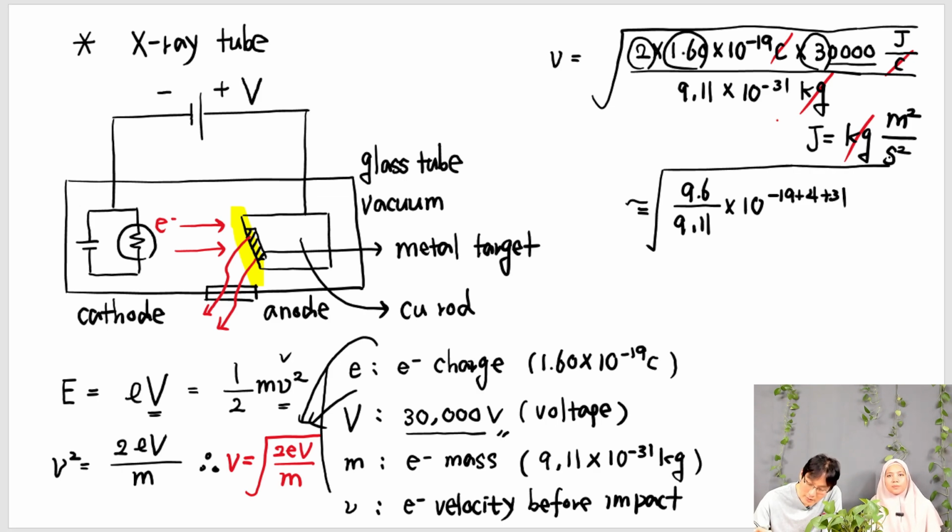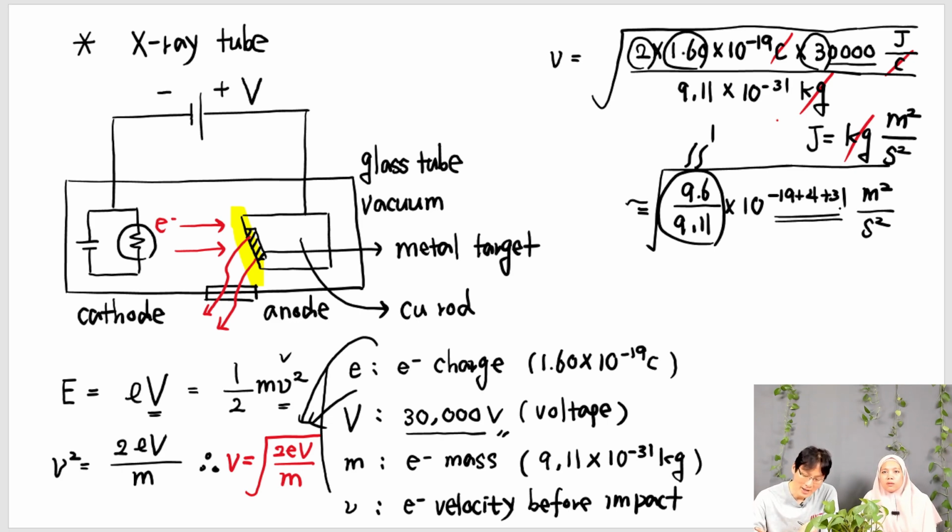The units should be meter square per second square. Let's say this value 1.6, and from this value 35 minus 19, that should be 16. So the final value is 10 to 8 meter per second.